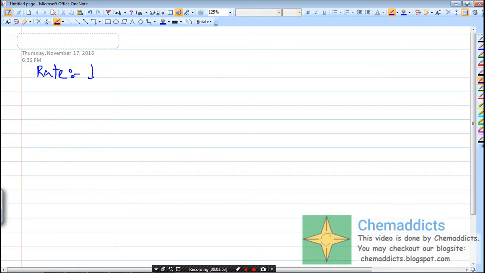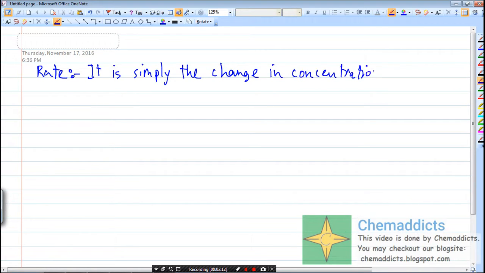So rate is simply the change in concentration per unit time. Rate is simply the change in concentration per unit time.